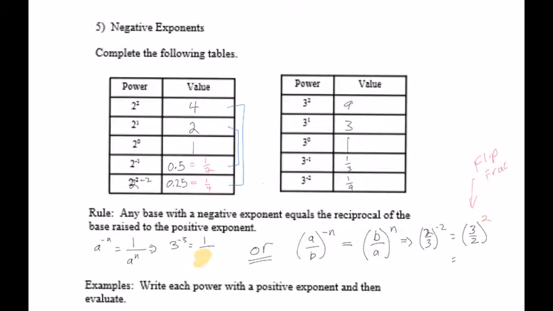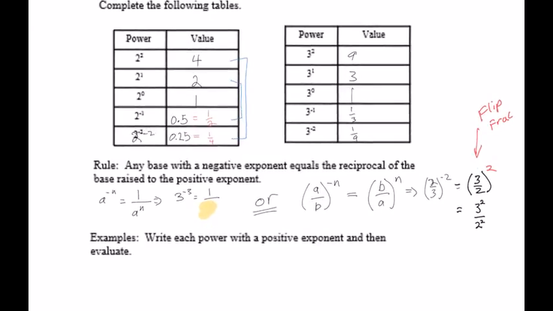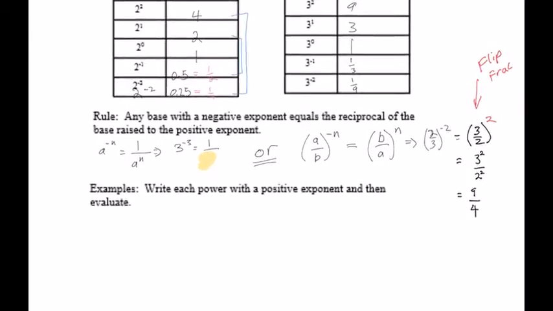If there was no exponent on anything on the inside, we transfer that exponent to all the numbers on the inside. So now we end up with 3 squared over 2 squared, which ends up being just 9 over 4. Now I'd like you to try doing some of these powers, and I'll put the solutions up for you.